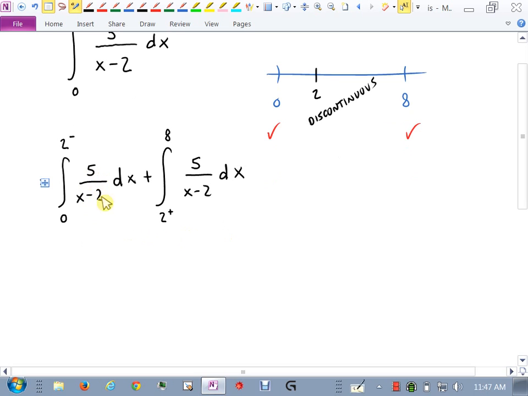Okay, on this one, antiderivative is the same on both, right? It's 5 natural log of x minus 2. Evaluate that from 0 to 2 from the left, plus 5 natural log x minus 2, 2 from the right to 8.